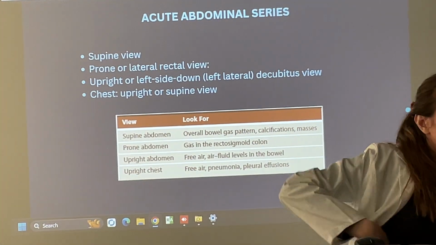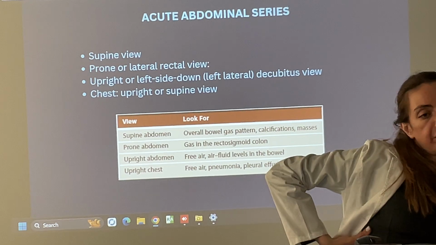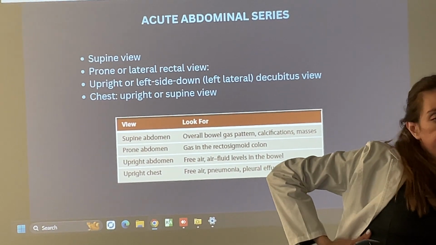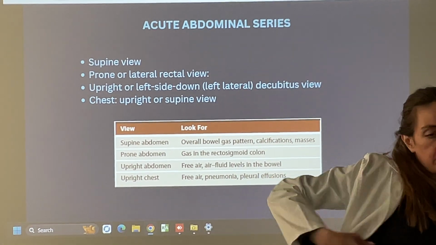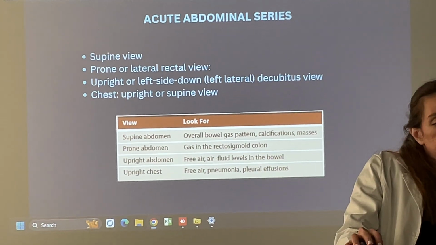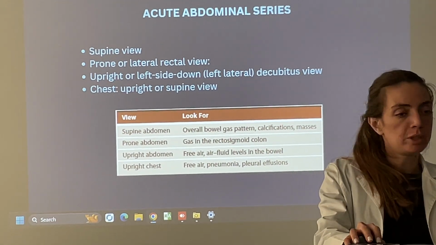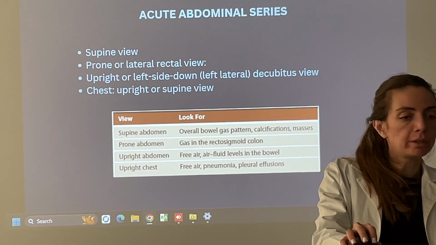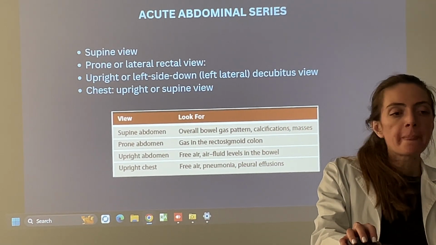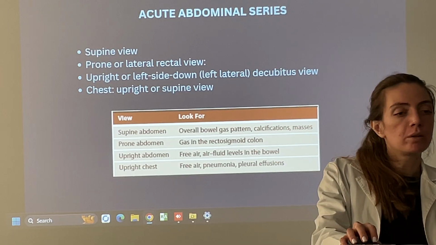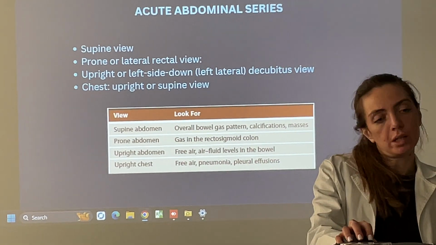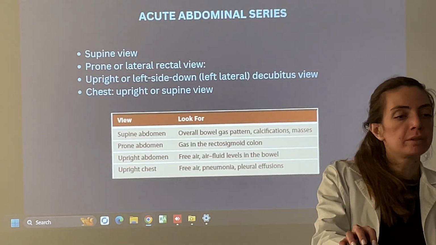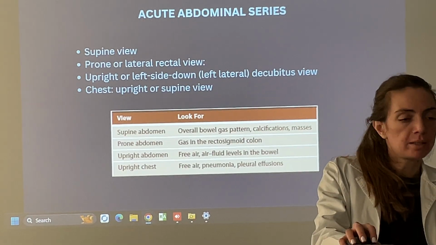Now, acute abdominal series, the views and what they show. Almost every department of radiology has a series of radiologic images, a protocol, that is routinely obtained in patients who have acute abdominal pain. These series are sometimes called obstruction series or complete abdominal series or acute abdominal series or something similar.